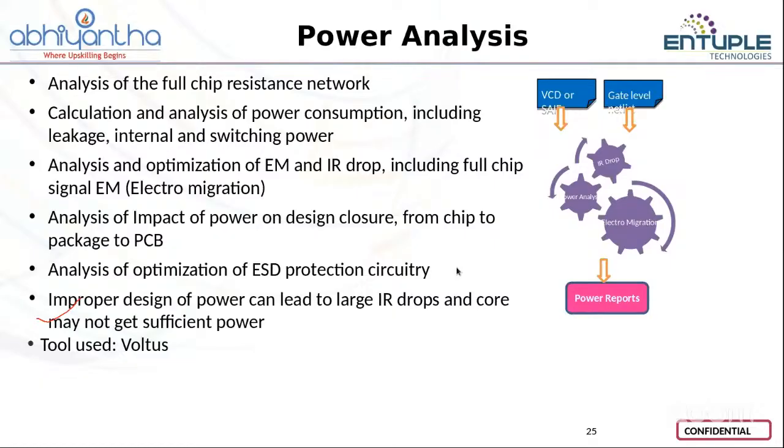These things are also verified in the packaging process after manufacturing. Now all the analyses, the timing analysis, power analysis, and area analysis, have been done. And this power analysis in particular is done with the voltage tool.